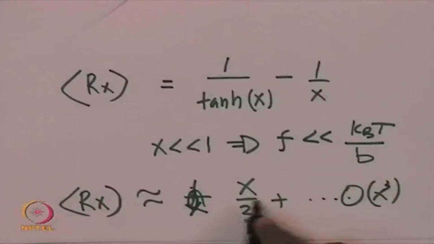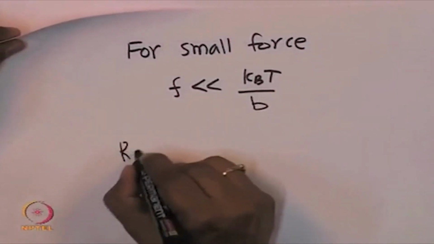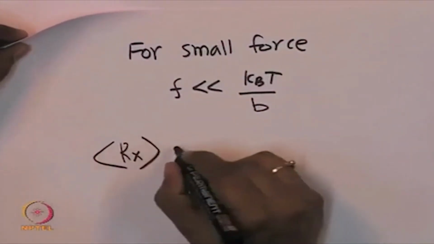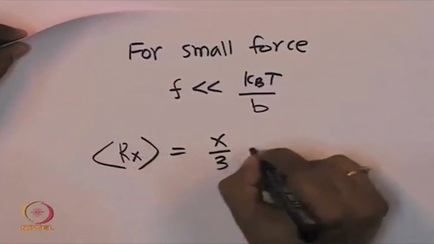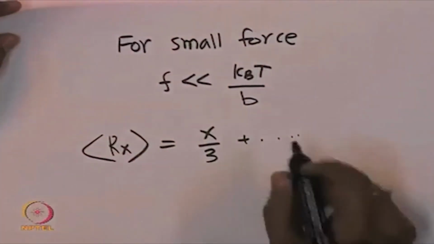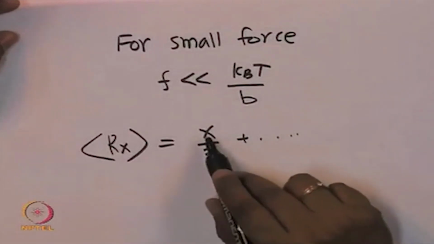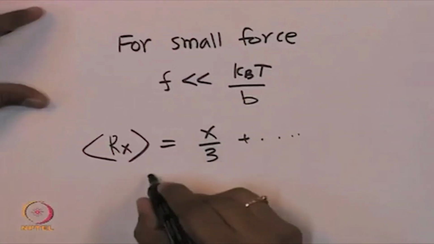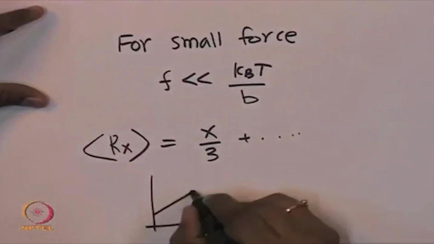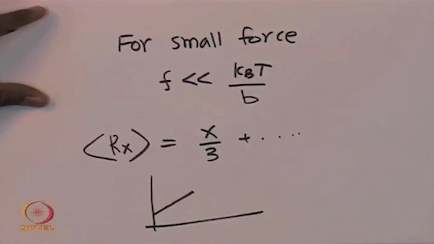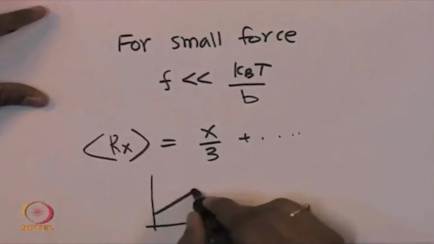It will turn out that the end to end distance goes as x. So, R_x average, the end to end distance, is equal to x by 3 plus some small factors which can be neglected. So, the leading factor will be x by 3, which would mean that for small force this will go linearly. So, the first part is linear.